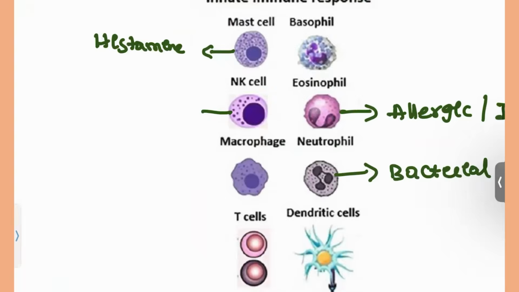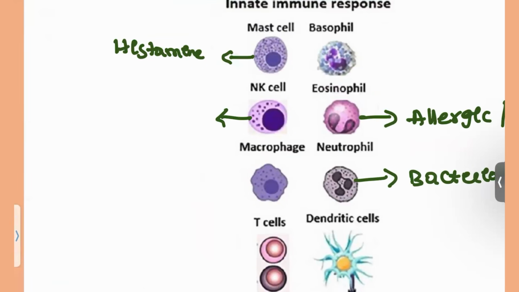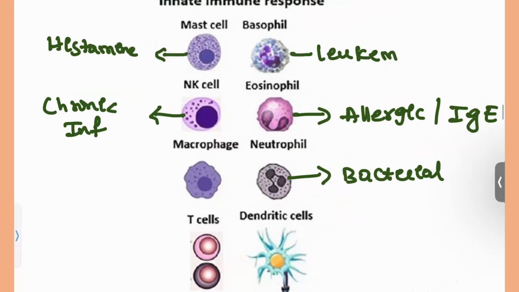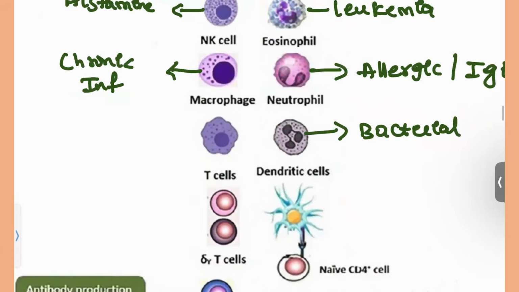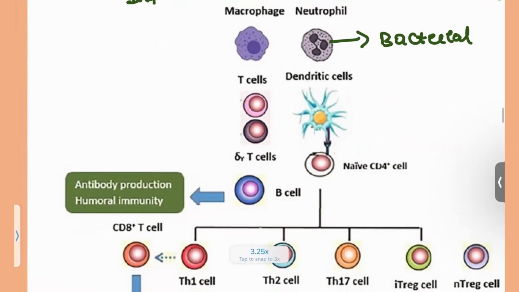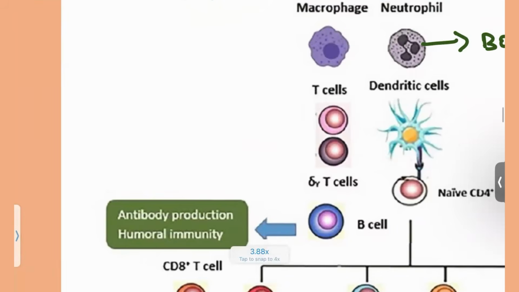Macrophages play the major role in phagocytosis and also chronic inflammation. Basophils are commonly seen with leukemias. Next, coming to the T helper cells. As we discussed, there are many types of immune system cells: the innate immune system and also B cells, T cells, there are multiple. Let's see the T helper cells first.